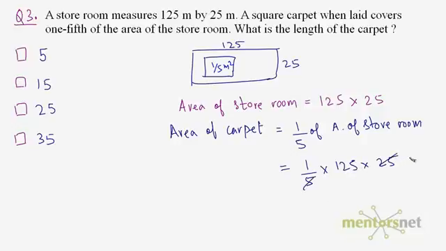So 5 times 5 is 25. 125 times 5 is going to get 625. So we have the area of the carpet as 625. But the carpet is a square carpet. Let us assume that it has the length of side as x. So the area of a square is x square. So x is equal to the square root of 625. And we all know that the square root of 625 is 25. So the length of the carpet is 25 meters.